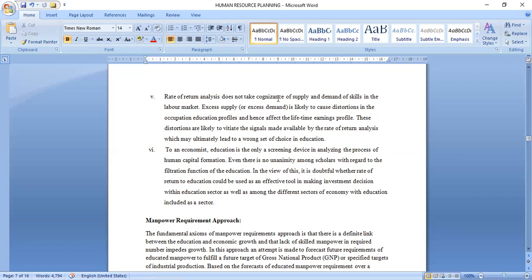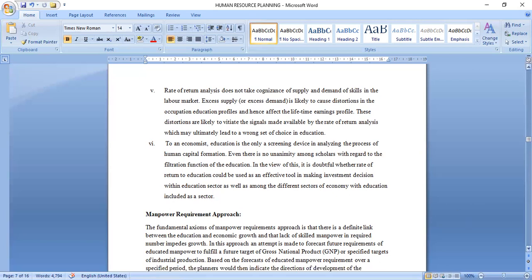But at the end of the day, have these governments connected these people to the employers, connecting the job seekers to the employers? There is a challenge there. There is a very big challenge. So the rate of return approach has been criticized on those grounds. Are we together?